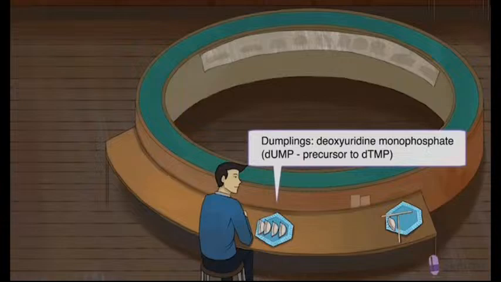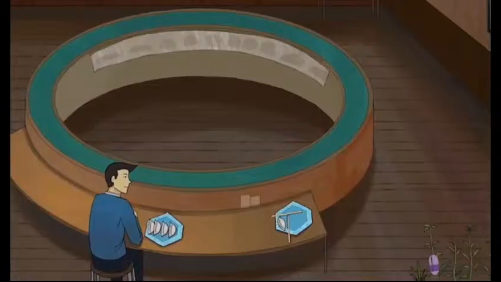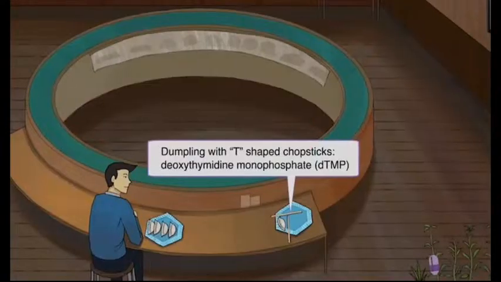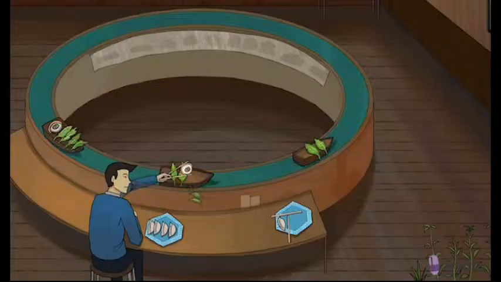Once a customer chows down on those DUMP dumplings, it's converted into DTMP, as you can see here. You've got one dumpling left for the D, and then a pair of chopsticks are set down on the plate, evoking the thymidine T. This whole reaction, turning DUMP to DTMP, is powered by the folate cycle, represented here by the cycle of sushi boats going by.